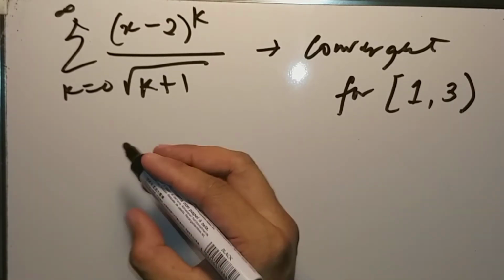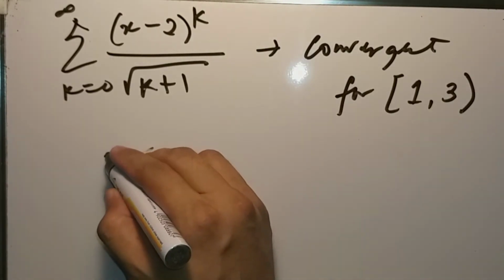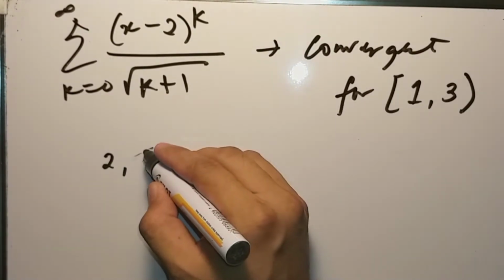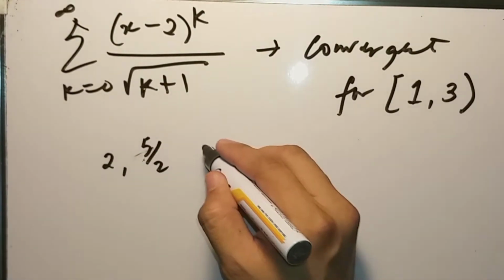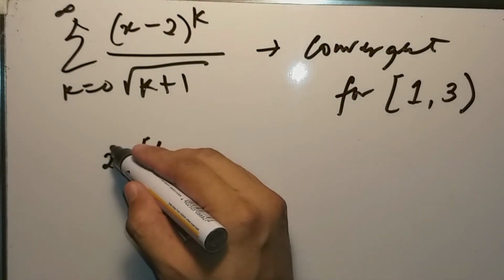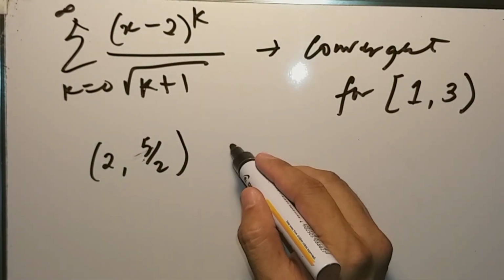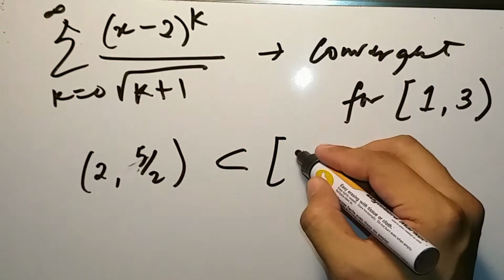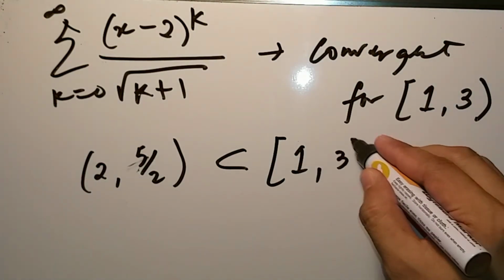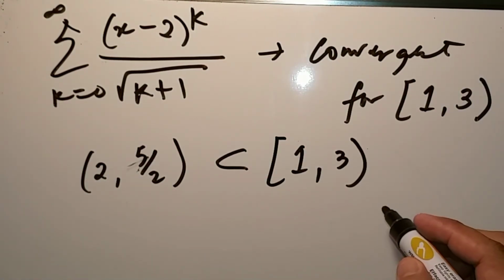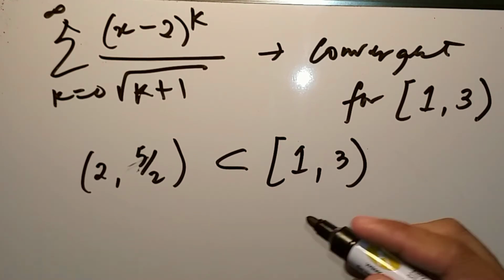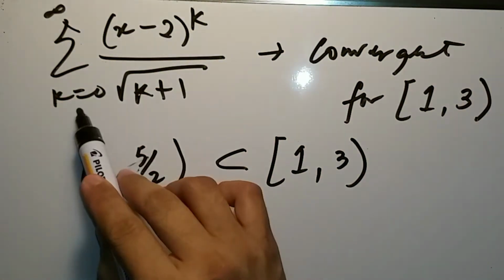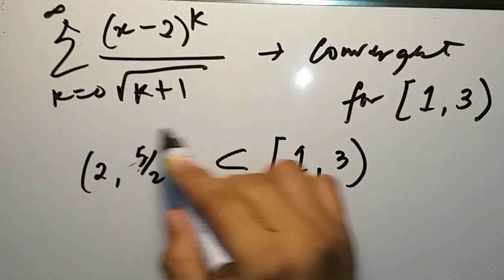So the interval 2 to 5 over 2 is a subset of the interval 1, 3. So we are able to integrate this expression.